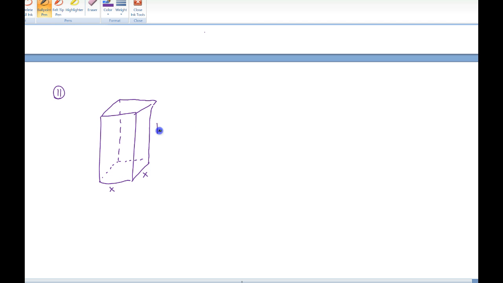So we don't know what the height is, but we do know it holds 500 cubic feet. So the volume, which is x squared times h, is equal to 500. If I divide both sides by x squared, the height is 500 over x squared.